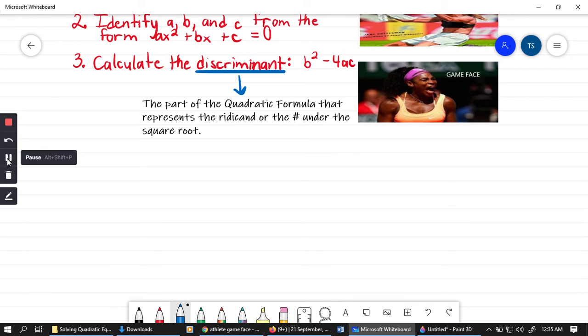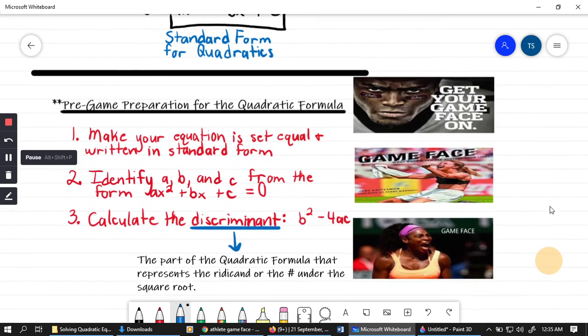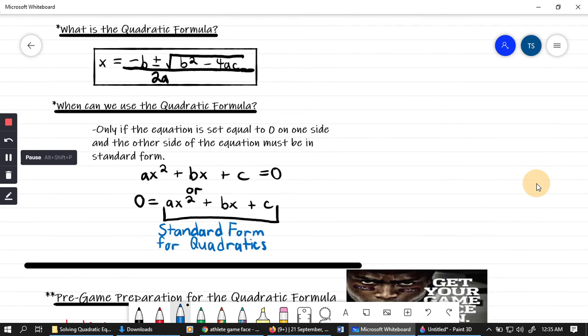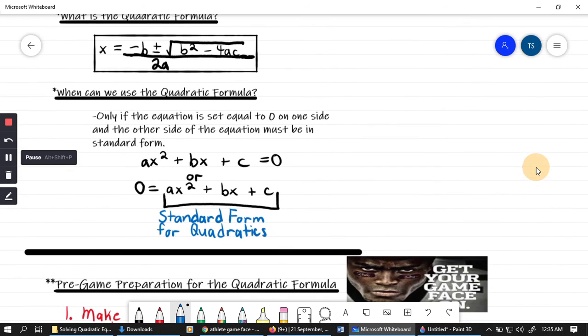And also, you're going to calculate the 2a, and of course that's just how it sounds. For 2a you multiply 2 times whatever the value of a is, right? But a lot of people forget to actually multiply the value of a times 2. A mistake a lot of people make is they'll just put 2 at the bottom of the quadratic formula instead of multiplying 2 times the value of a.